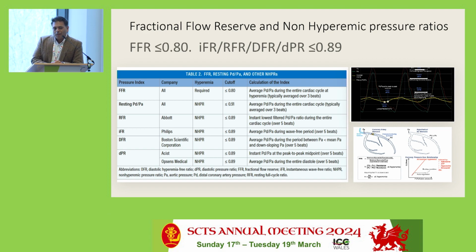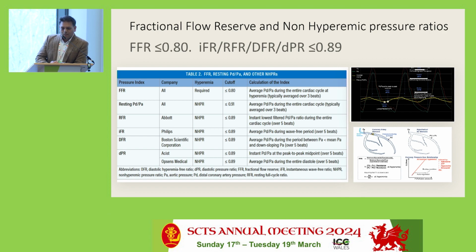In your practice, you might see indices like iFR, RFR, DFR, but the cutoff value for them is 0.89. It is important to remember that because these are resting indices, they take away the need to give adenosine, and you essentially get a resting index.